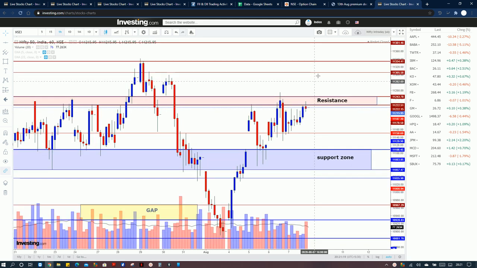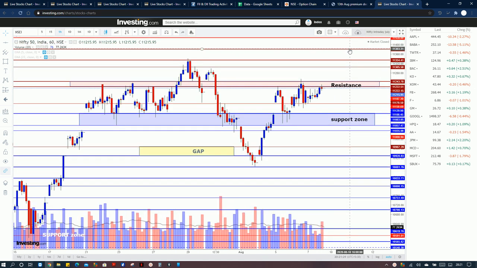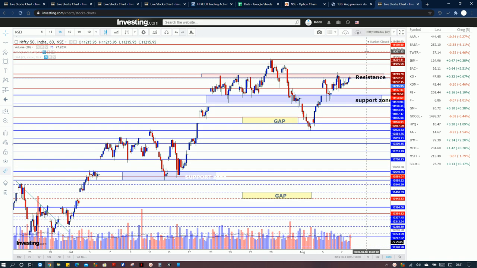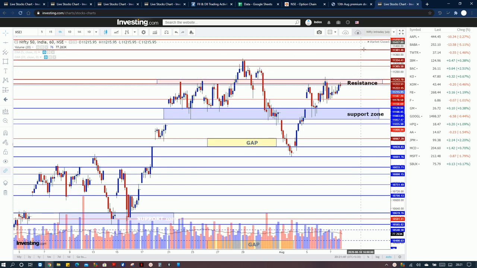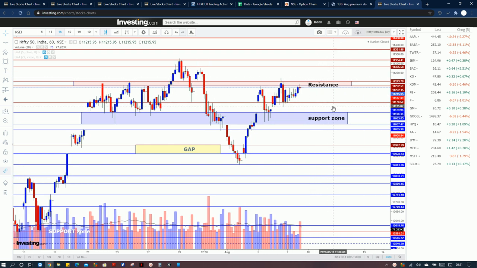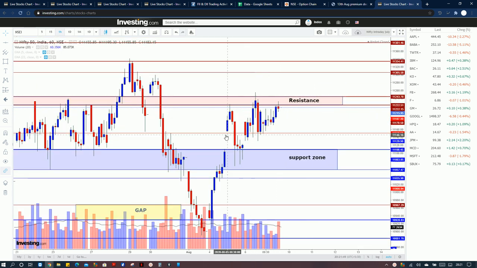So the resistance will be at this 11,334 formed earlier. Once it gets crossed, then we can expect the 11,400 level moving upside, and then 11,430, that is a long-term resistance, we can say. Up to this level the upside is clearly visible in this coming week, but provided this support is ensured, because a lot of consolidation happened at this zone.